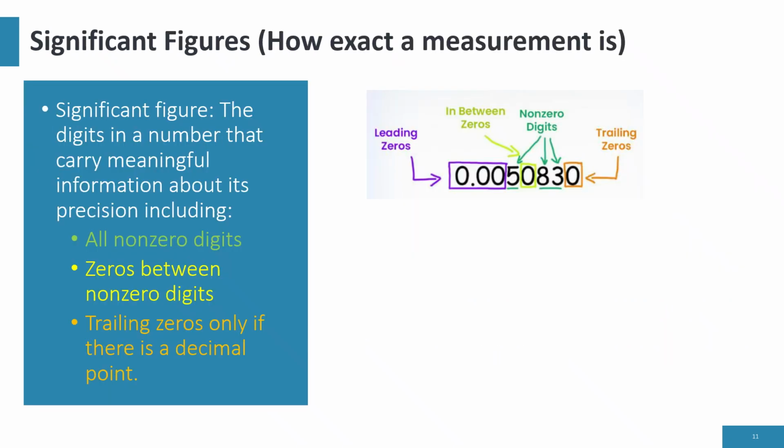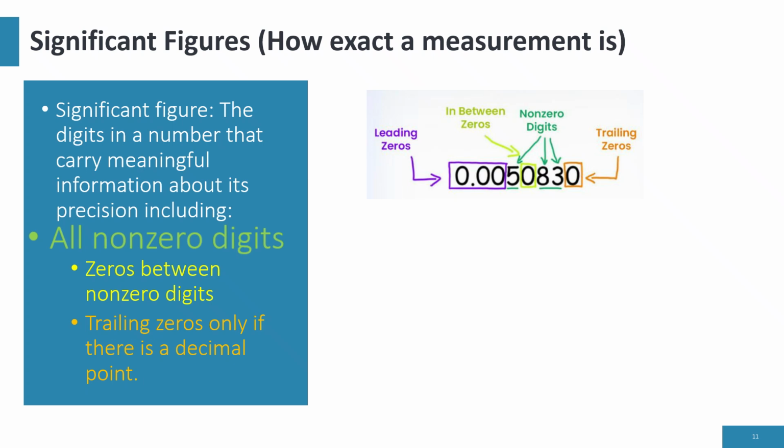Significant figures are basically just like they sound. The numbers or the digits that are very significant in any number provided. We have to remember, in order for us to keep accuracy and precision, that all non-zero digits are considered significant.